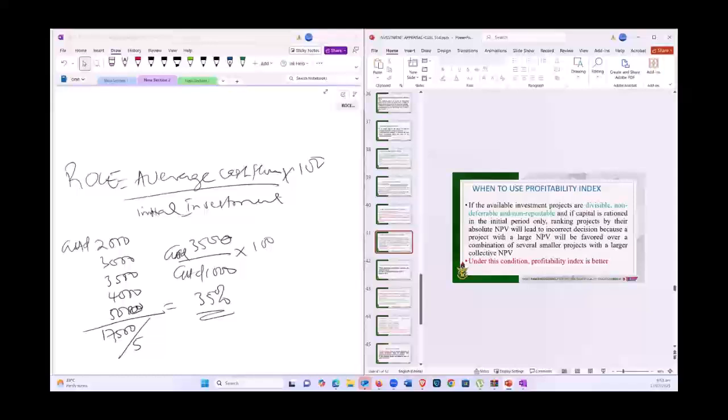I've provided scenarios for you to be able to appreciate what I'm talking about. So that will bring us to the end of investment appraisal. It is a very important topic that you must go through in your private time. Just revise and make sure that you appreciate everything.